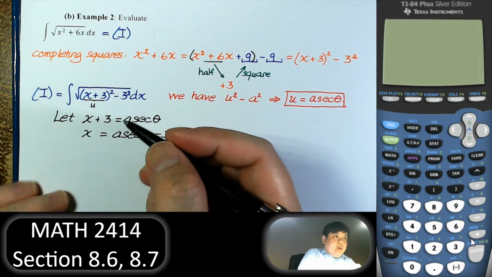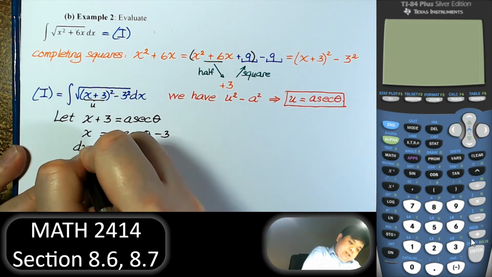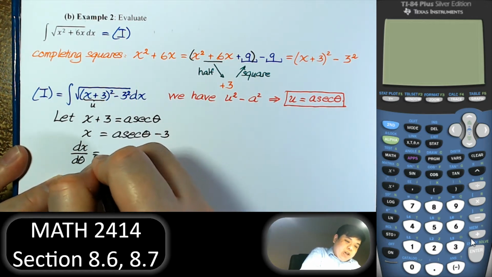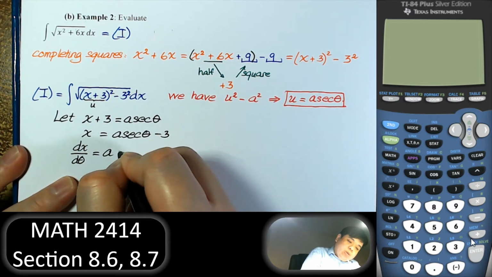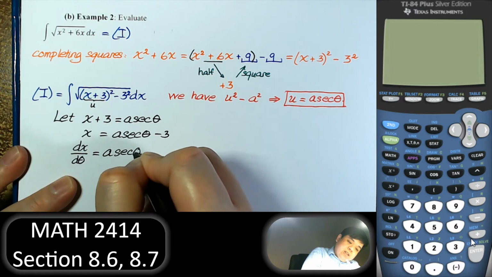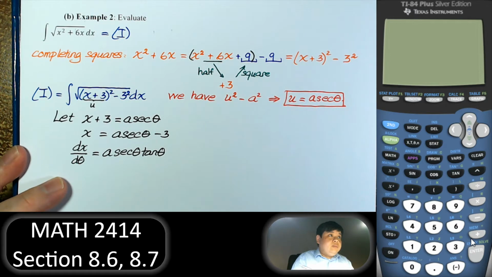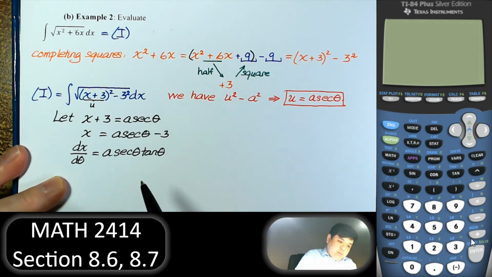And then we can take the derivative. The 3 here doesn't really do anything. The derivative of secant is secant tangent. And then we move the d theta over.